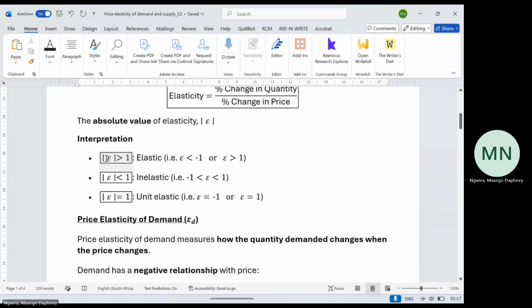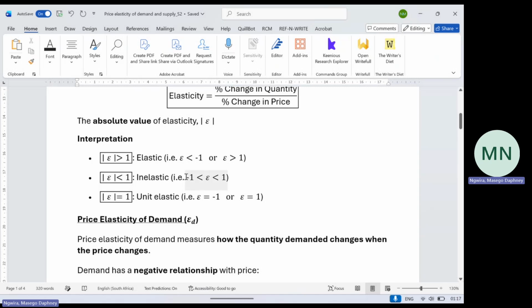If the absolute value of elasticity is greater than 1, then we say it's elastic. That is, if the value is less than -1 or greater than 1. And if the absolute value is less than 1, then we say it's inelastic.